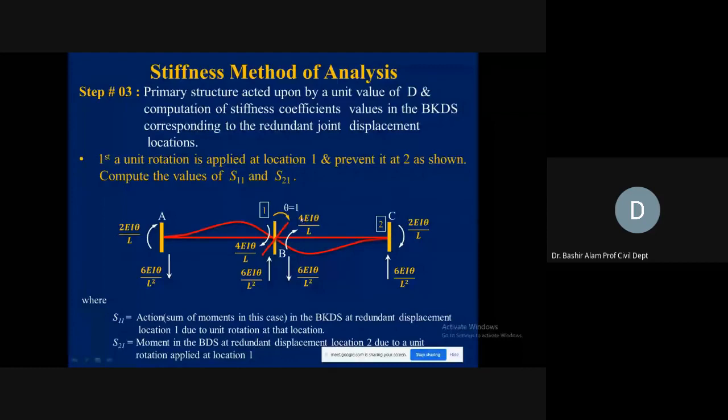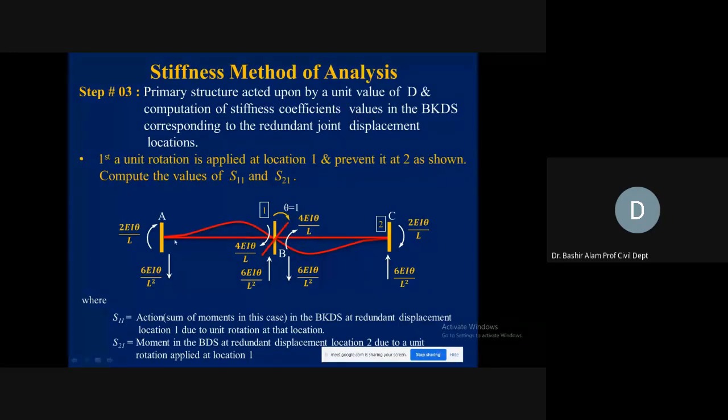Its magnitude is 4EI theta divided by L. And at the far end, it is shifted in the same direction. It was clockwise, so this is clockwise. Here, if you see, it is clockwise, so this one is also clockwise. And it is shifted by half the amount. The carryover factor is half here. So instead of 4EI, we have 2EI theta divided by L.